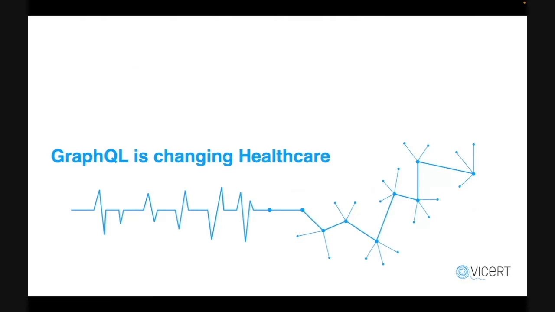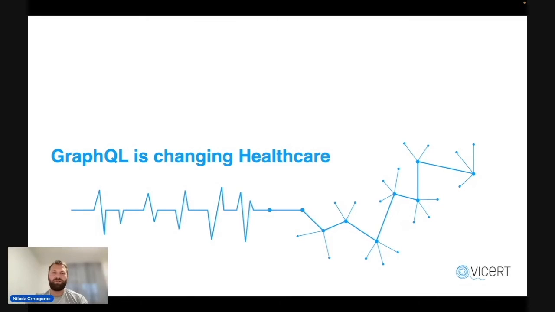So, I think GraphQL is changing healthcare, because one of the biggest challenges has been integrating with health systems. It's an open secret that data is far from standardized in healthcare, which makes data interoperability a challenging problem to solve.